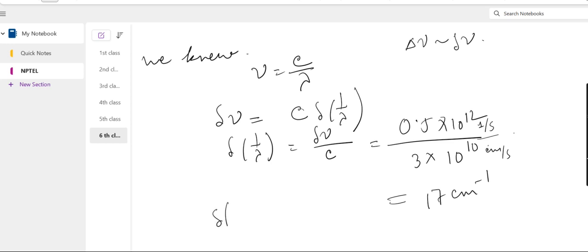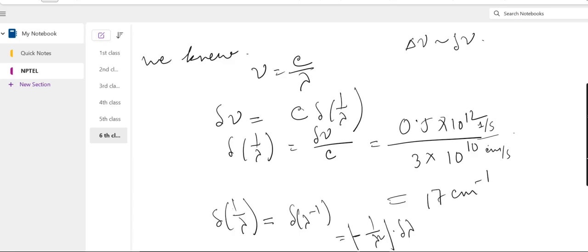And later what they have done is that delta lambda inverse is basically minus 1 by lambda square into delta lambda.